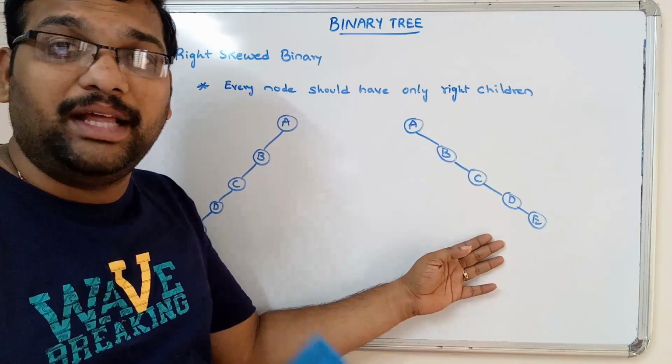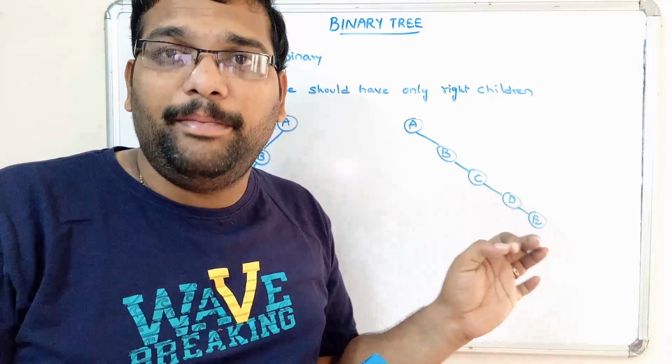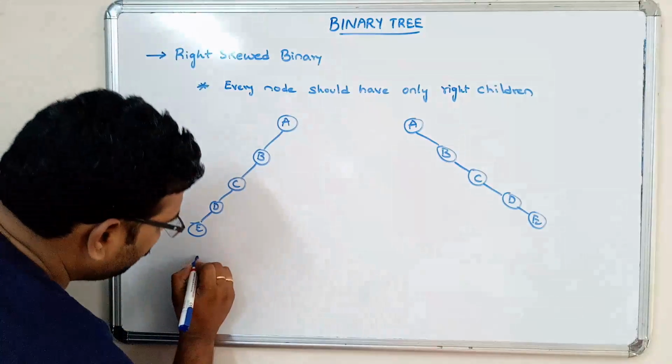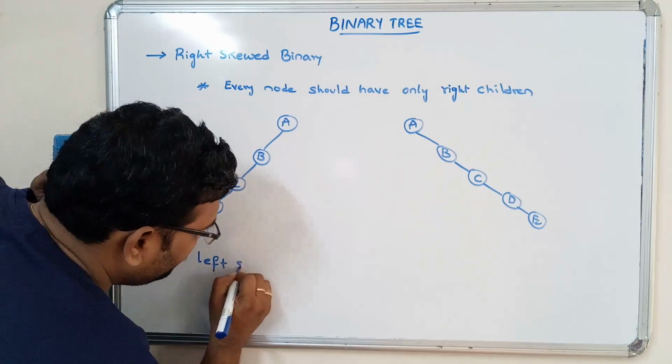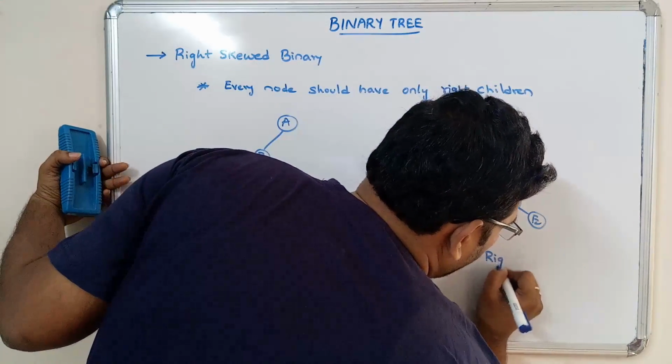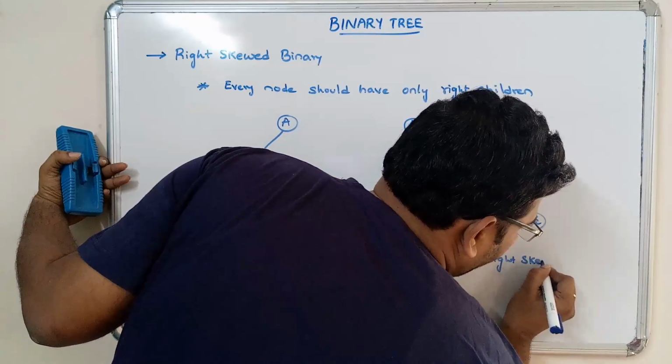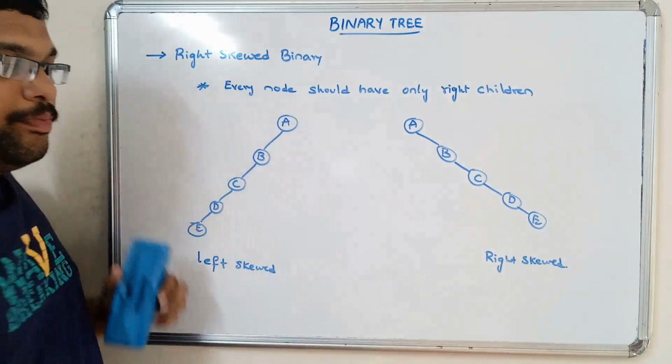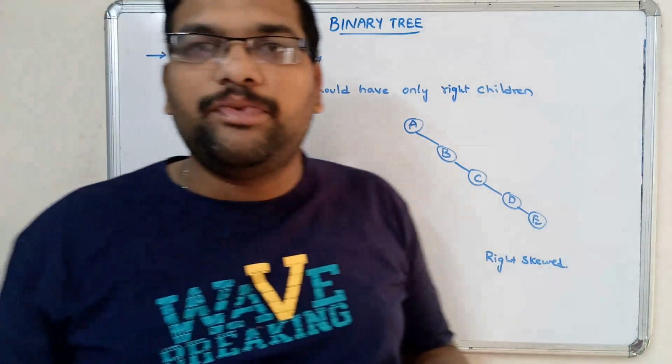It will have only the right children, so every node will have a right child. So this is called left skewed, and this is called right skewed. Right? Hope you understood this one.